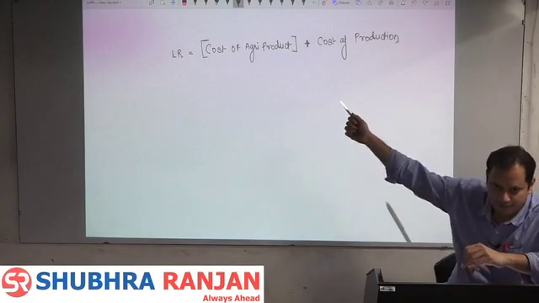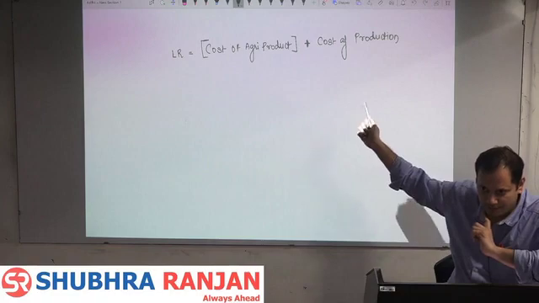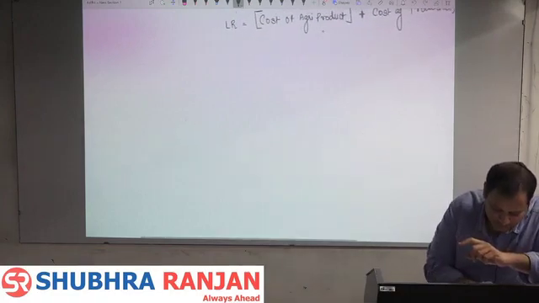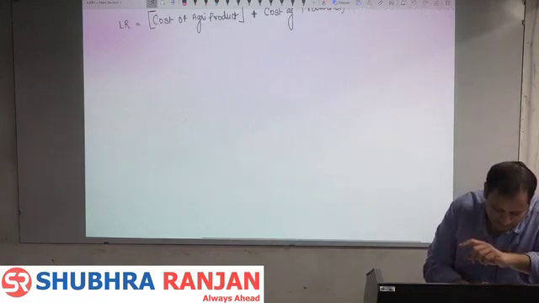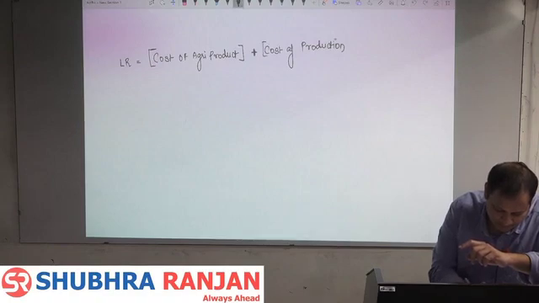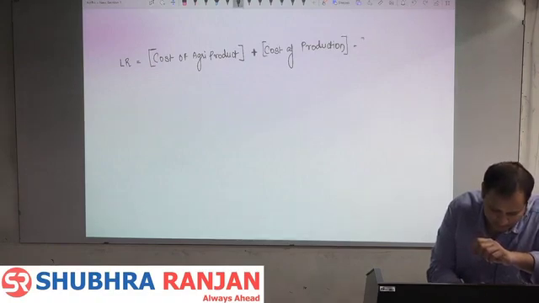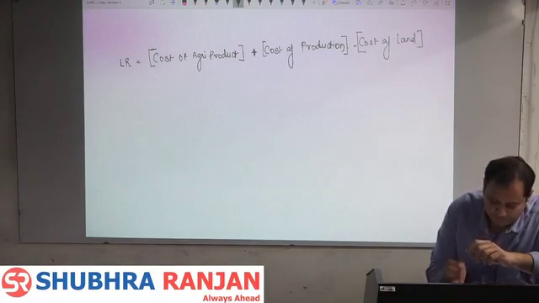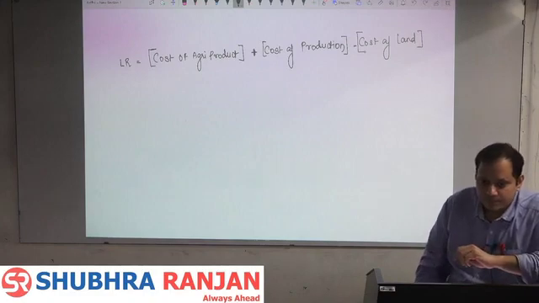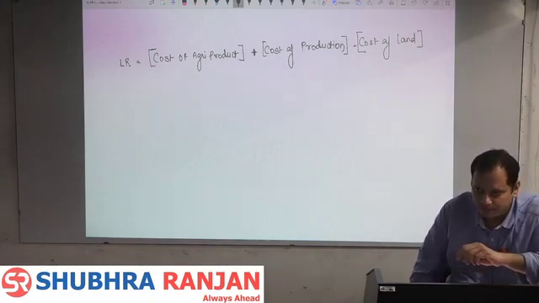What is the price of agricultural product plus the cost of production minus cost of land. Fine?